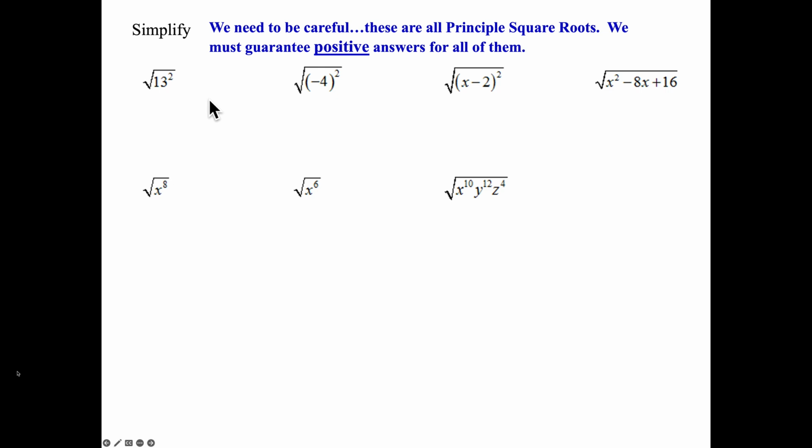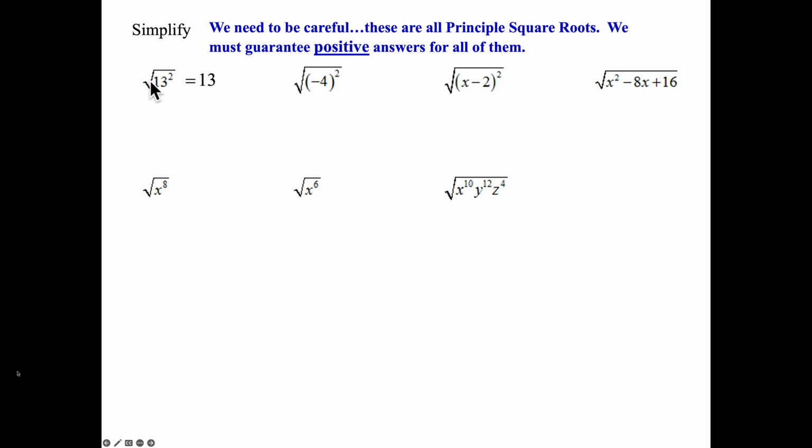All right, simplifying. You have to be very careful here. These are going to be very tricky. Remember, all principal square roots, they give me the square root symbol, so we must guarantee a positive answer for all of them. So the square root of 13 squared is 13.